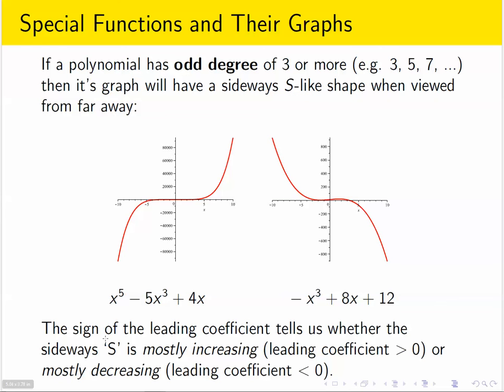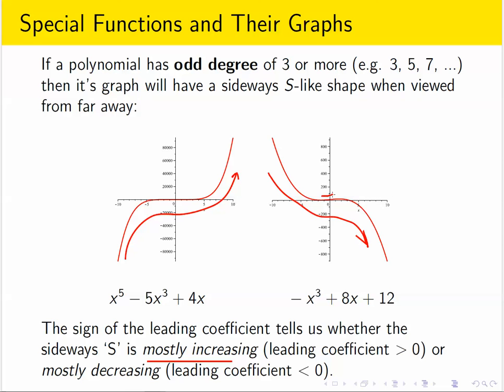Now, the sign of the leading coefficient, again, tells us the behavior of the shape. They're both sideways S's, but the one on the left is mostly increasing. It's going up. The one on the right is mostly decreasing. Now, I'm being careful here with this term mostly, because this one is not always decreasing.